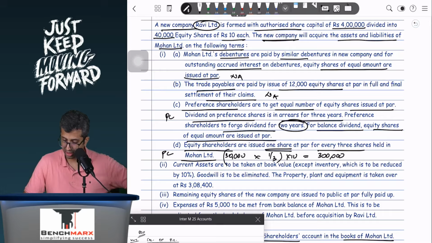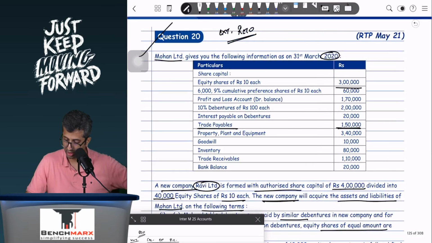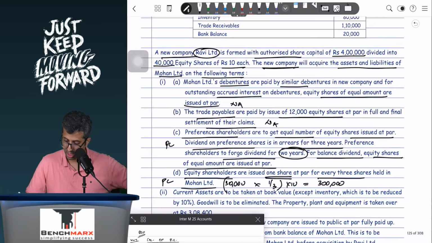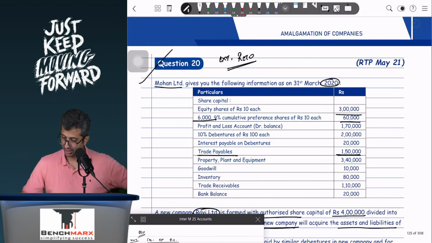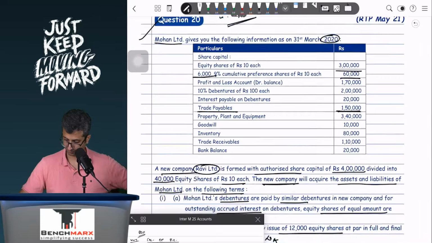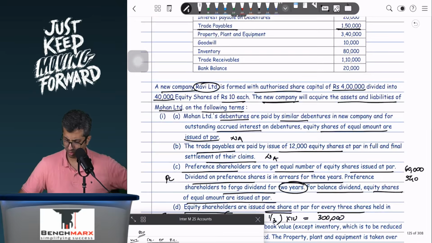Other than that, for preference shares, you will get 6,000 against 6,000, so that will be 60,000. And other than 60,000, you will also get for dividend on preference shares for 1 year 6,000 into 10 into 9%, 5,400. This is in the form of equity shares, but still it is a part of your overall PC.